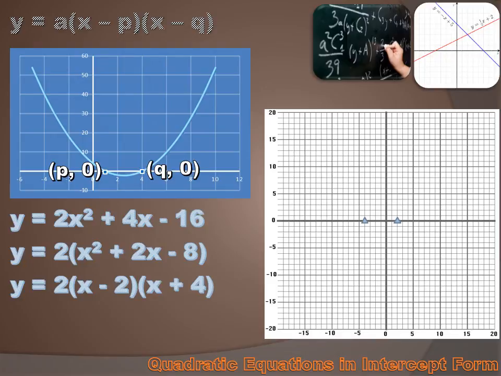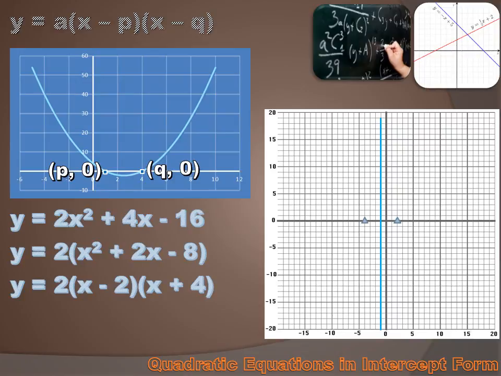Now I could graph this pretty easily. I know that my axis of symmetry has to be halfway in between those 2 points. It has to be halfway in between P and Q on the x-axis. So I go 1, 2, 3, and I'm in the middle because that's 1, 2, 3 from each of those points to the middle. And I could draw my axis of symmetry.